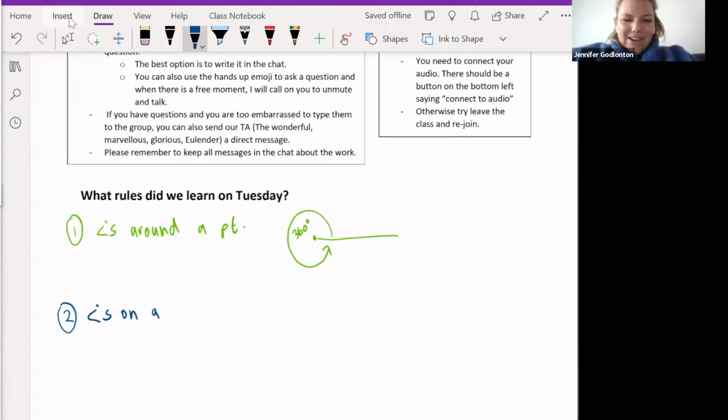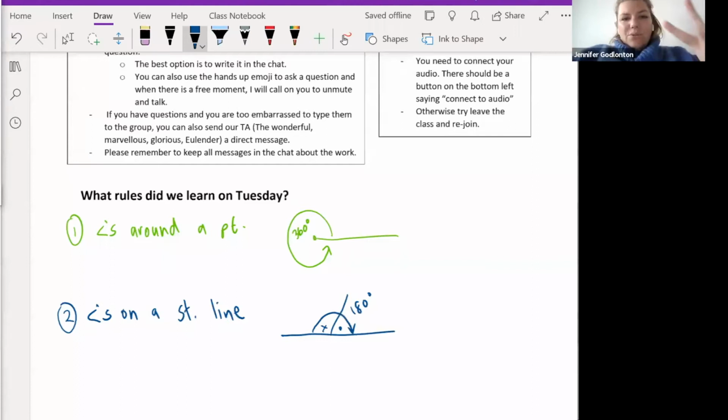Beautiful. And when do we use that rule? When all the angles add up to 180 degrees. Beautiful. So when we've got points like that and they're on a straight line, they need to equal 180 degrees. Thank you so much.